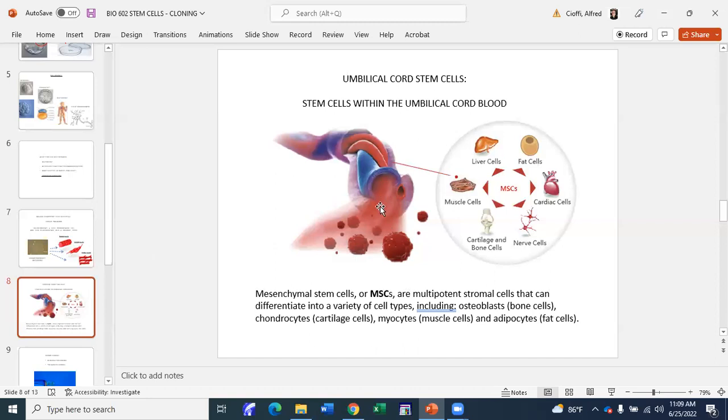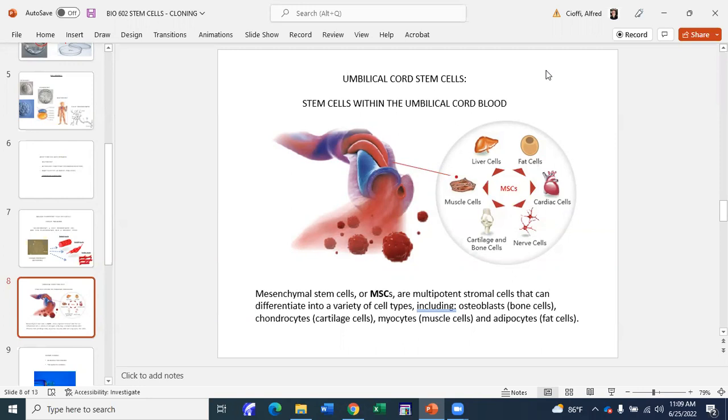And so that cord blood, just like our own blood, has some stem cells in it. And those stem cells are pristine. And from several perspectives, they are ideal stem cells because, yes, technically they're adult stem cells because they come from the born.